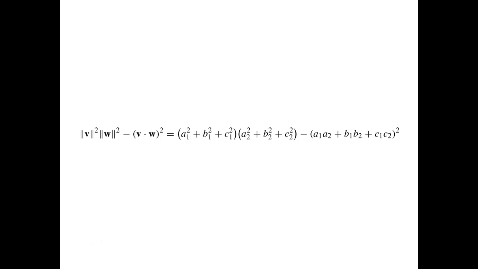This is that, that's that. And then there is the minus the dot product of these two, which is A1A2 plus B1B2 plus C1C2. And then you square that. Some nasty thing to square.